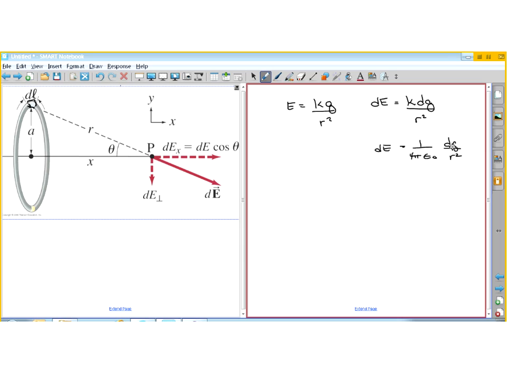The first thing we have to figure out is what this little dQ is, so that we can substitute in for what dE is in terms of the charge. You're going to have a total amount of charge for the ring, however many excess electrons or deficit of electrons.